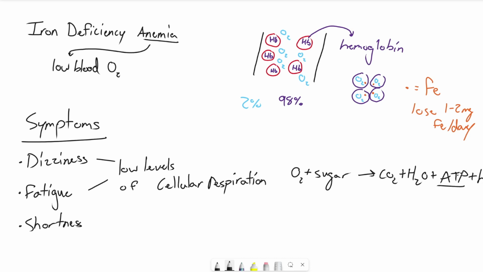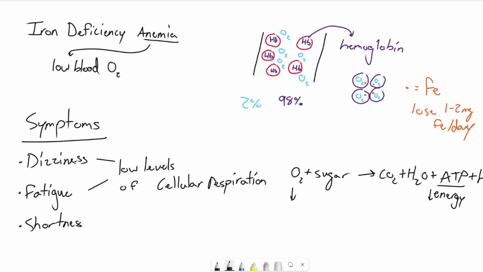Now ATP, you don't have to worry about what it is right now, but just know that this is energy. This is what our neurons, this is what our muscle cells use to power themselves, to perform their functions. So if we have low oxygen over here, we're going to have low energy.